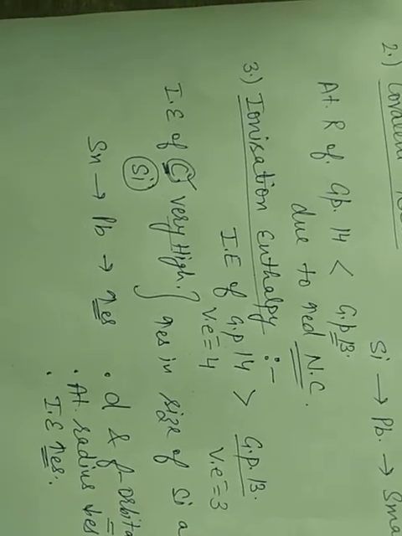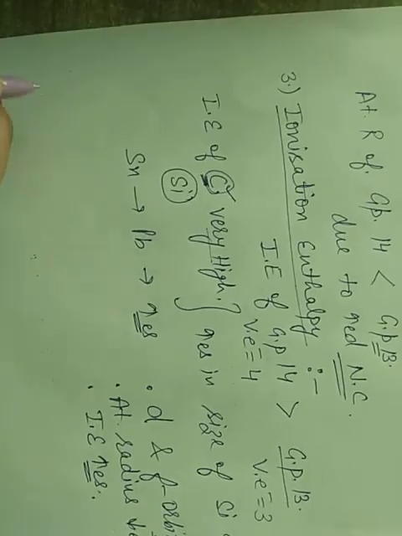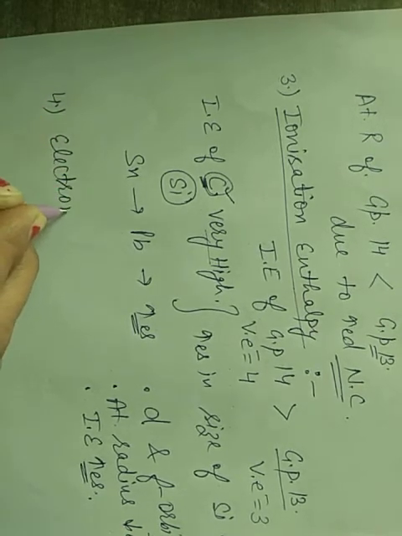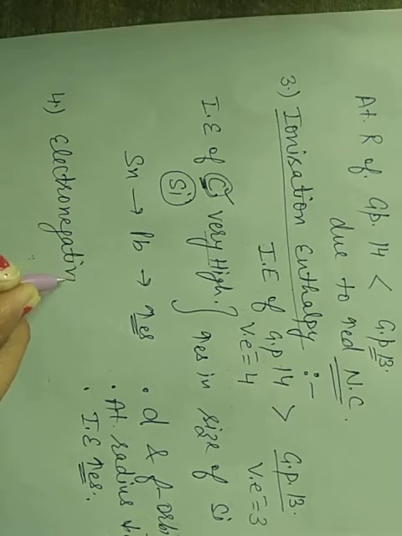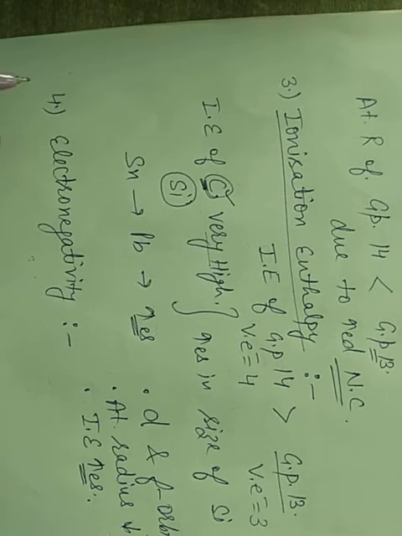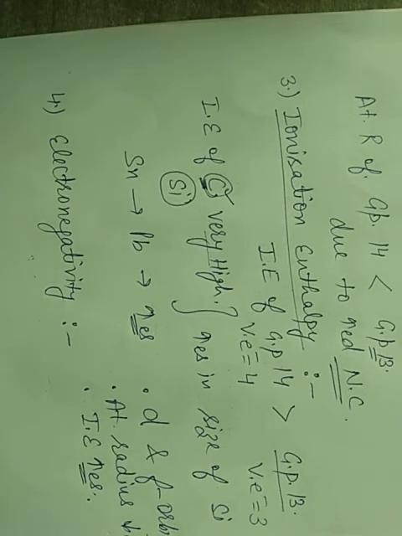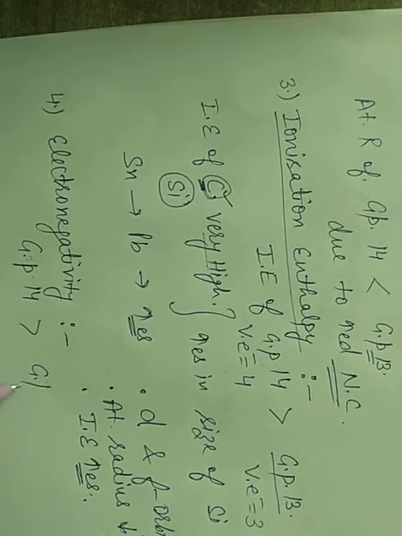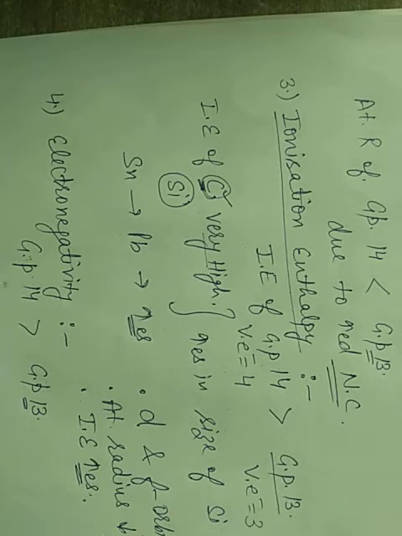Now the fourth property, that is electronegativity. In this case, group 14 elements are more electronegative as compared to group 13 elements, because of their smaller size.